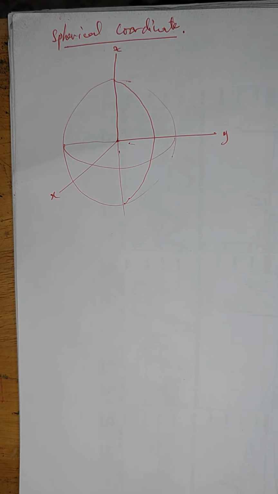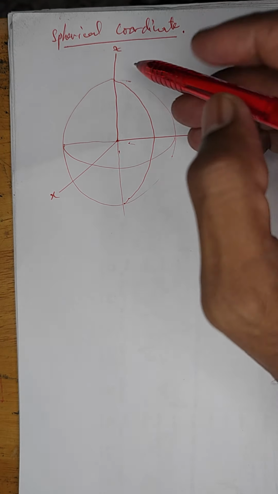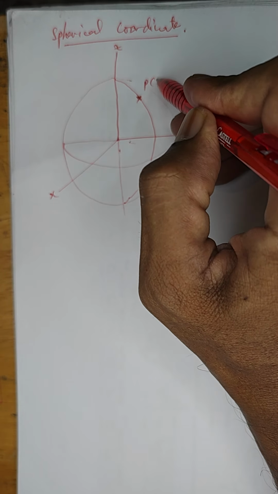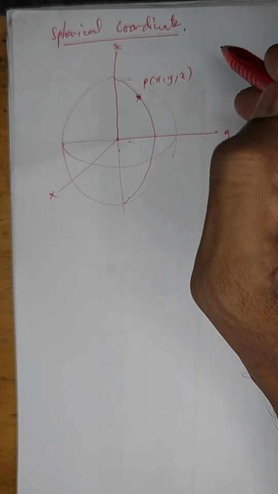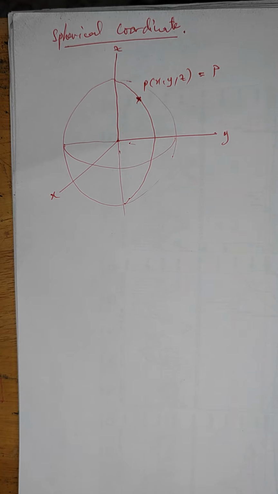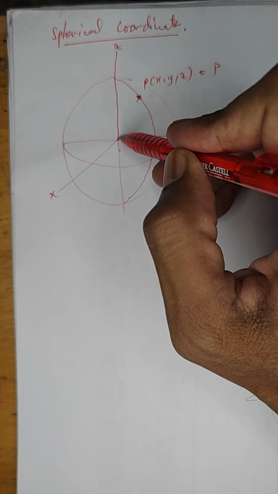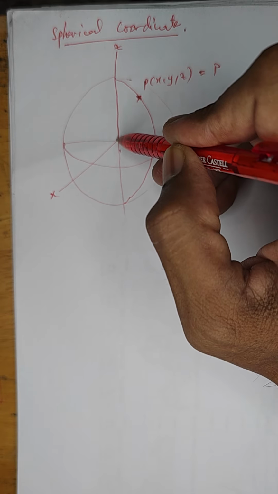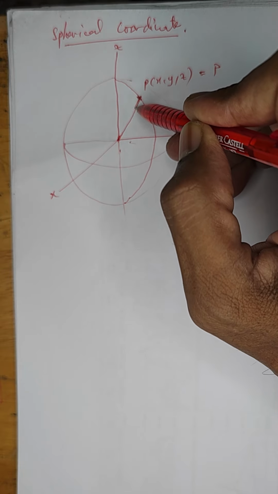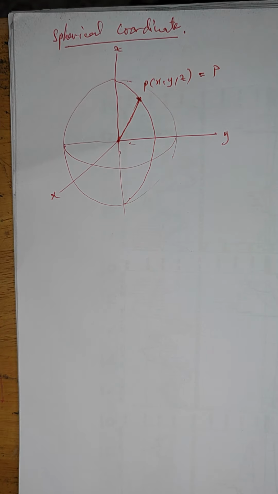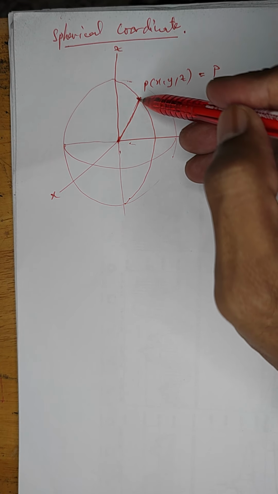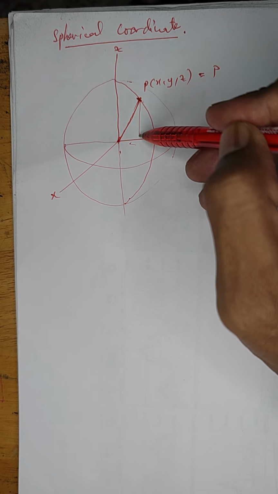Now we have a sphere. Let's assume that we have a point here, this point is x, y, z. Now we want to represent this in spherical form. How do we plot this point? Basically, we have the distance from the origin. This point can be projected into the xy plane.